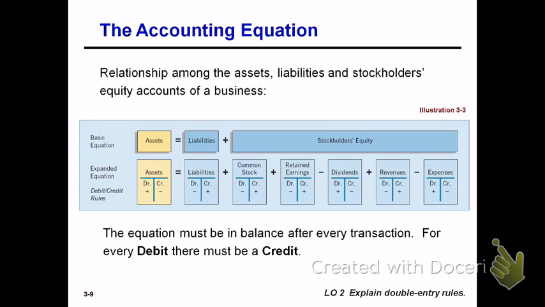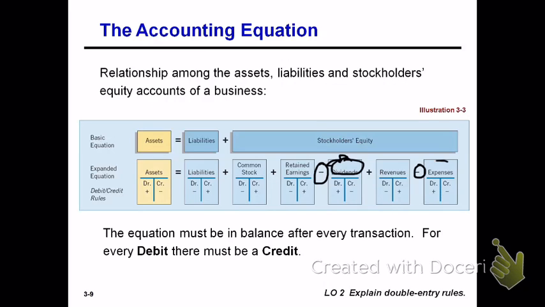Here's another way to look at it. So they're just showing us that each asset will have its own account. You'll have a debit side and a credit side that you're keeping track of. Same thing with the liabilities. Now in the shareholders' equity, what you're seeing here is because dividends have a minus, dividends are flipped from the rest of the equities.